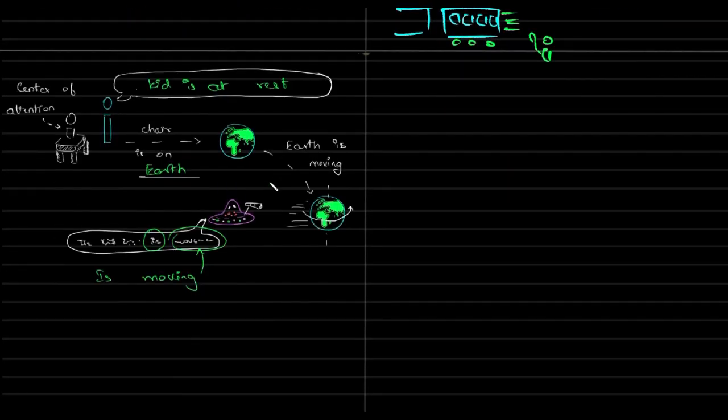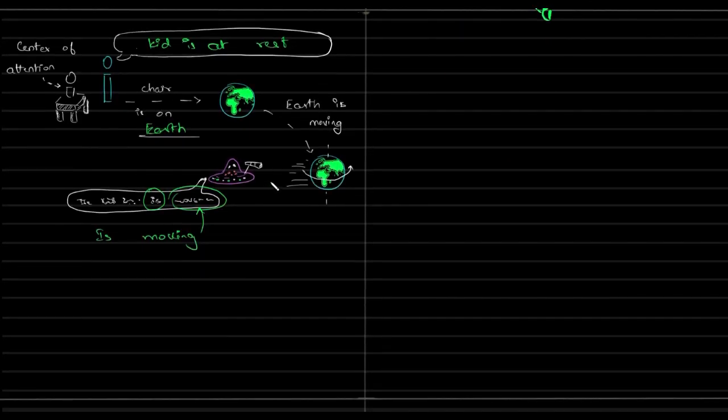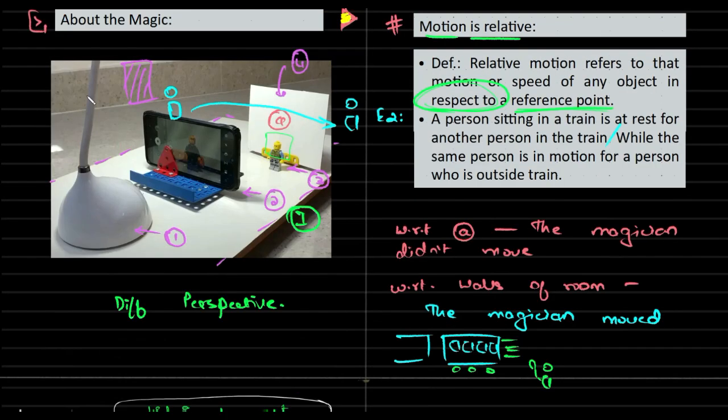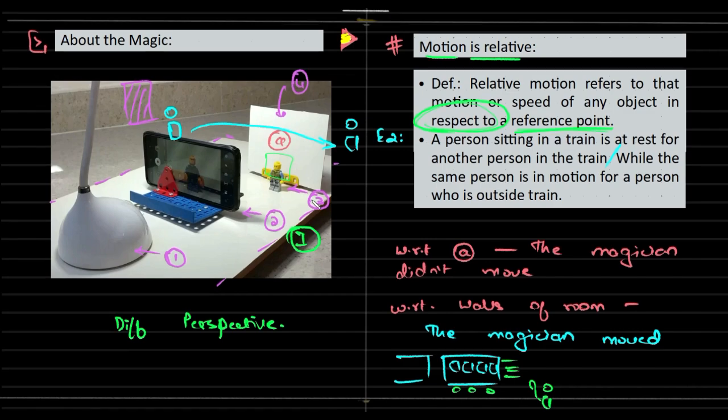But here the surrounding is different, right? And from this perspective, wherever this camera was, the surrounding is different. The surrounding is the wall. There are quite a few things. The door, there was a door over here. So the surrounding was different. So motion is said to be relative. For some, it might be moving. For some, it need not be moving. So motion is relative. Okay.